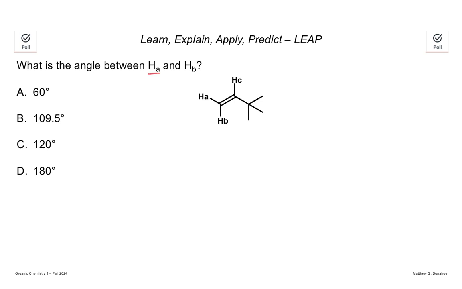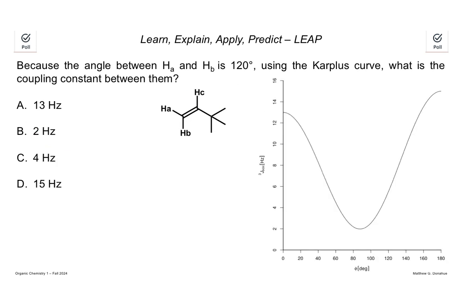So what's the angle between HA to HB? That's your normal bond angle, because that's sp2 hybridized. This is 120 degrees. So again, trigonal planar. This is a bond angle. Again, that's not a dihedral angle, it's just a bond angle.